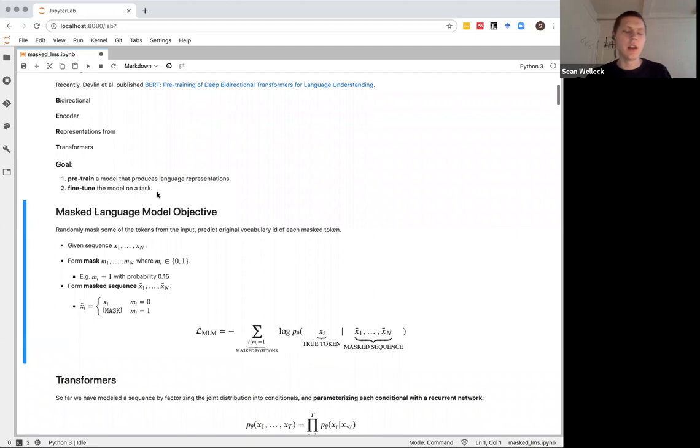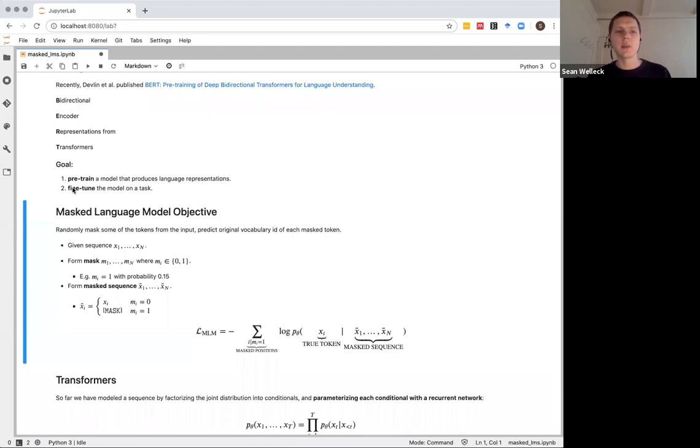And so the goal of BERT, or how it's commonly used, is that we're going to pre-train some large-scale model, and that model will give us some language representations. So by representations, literally, I guess we mean some vectors.